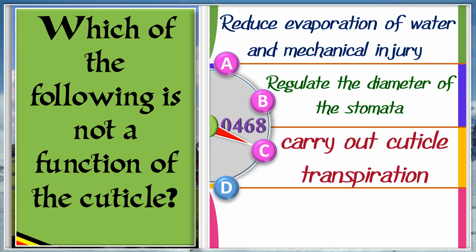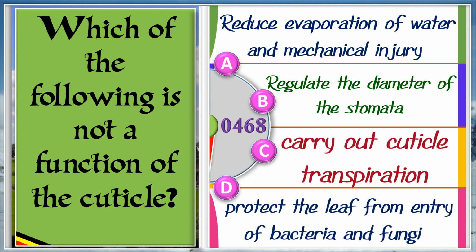C. Carry out cuticular transpiration. D. Protect the leaf from entry of bacteria and fungi. And the answer is B. Regulate the diameter of the stomata.